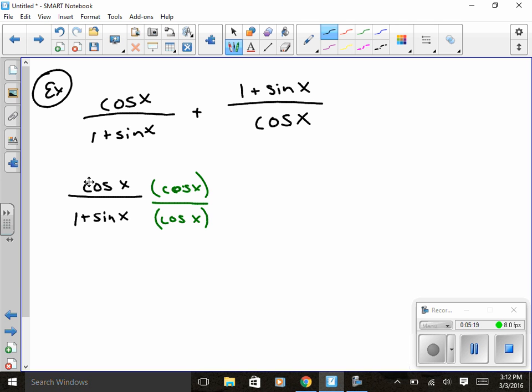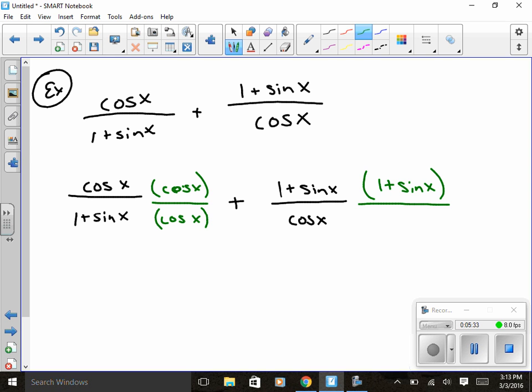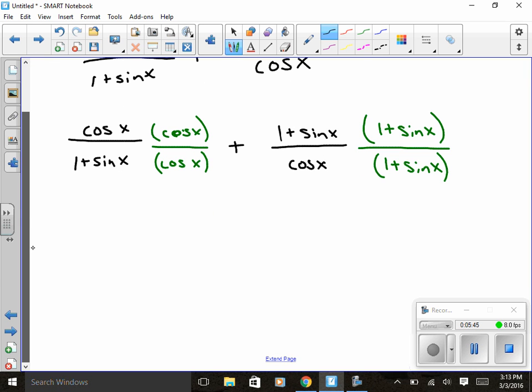And I'm going to do the second fraction, I'm going to multiply by the denominator of the first fraction. Okay, and that's so I can get the same fraction in the same denominator, so I can go ahead and combine like terms on the top part.